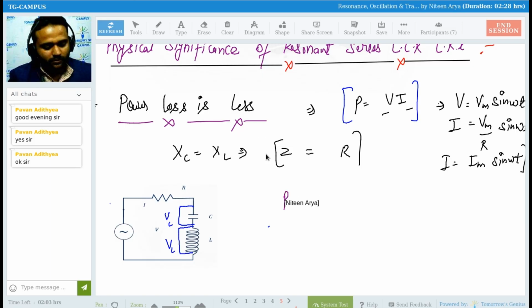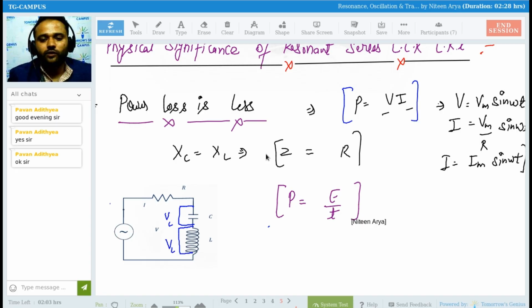Let us consider energy, because if you know the energy, you can know the power also. The basic relation: power equals energy upon time taken, how much work you do in a particular time period.